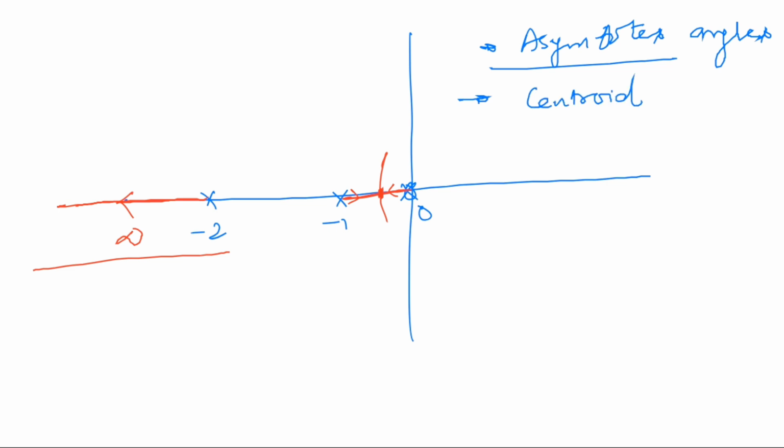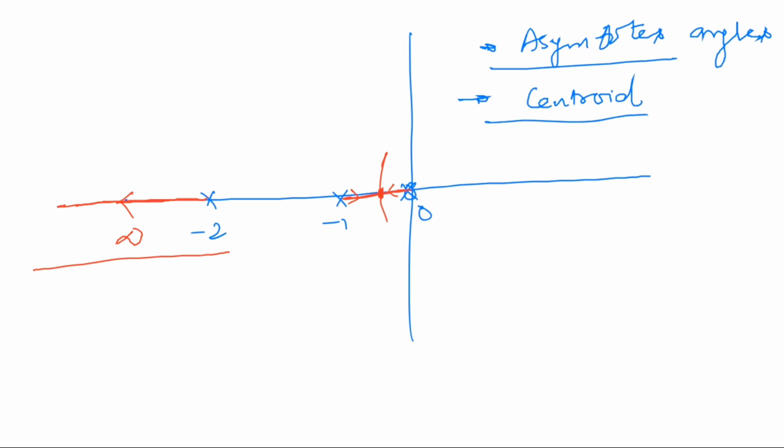So this gives the origin of the next rule of the root locus, which is finding the centroid and asymptotic angles. Let's first discuss the rule to find the centroid. Here I'm directly giving you the formula by which we can find the centroid to draw the asymptotic angles for the root locus.